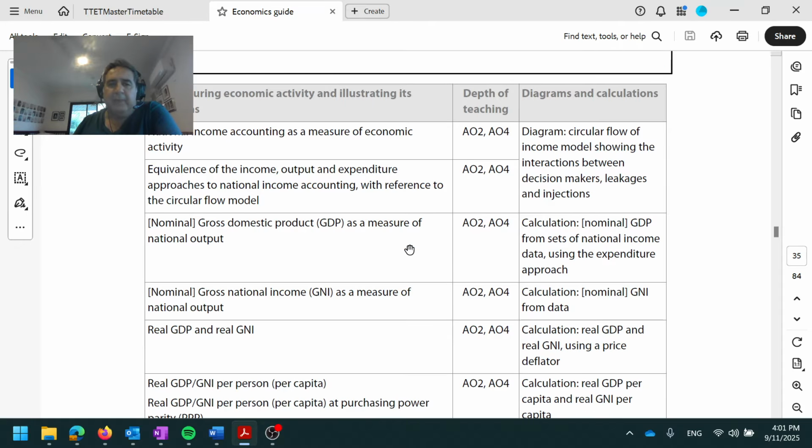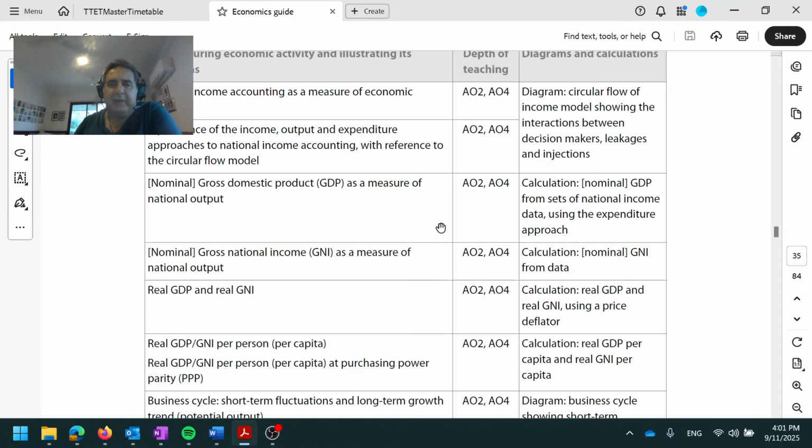Okay, 3.1, just national income accounting. So you're looking at all the calculations there around nominal GDP, real GDP, GNI, the price deflator. I'm pretty sure you're going to get something on question 2 on paper 3.